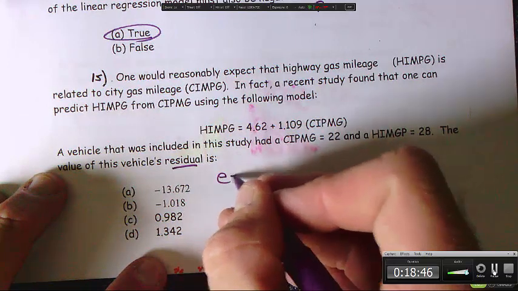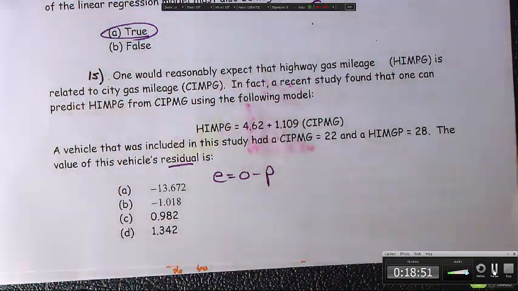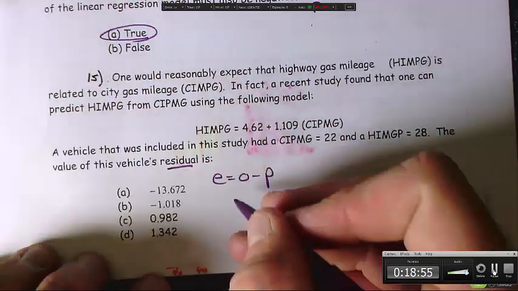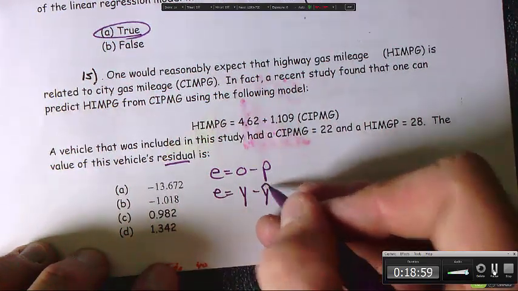The residual is error, which equals observed minus predicted. When we're talking about error, we're talking about the error in the predicted y values. So error is equal to the y value minus the predicted y value.